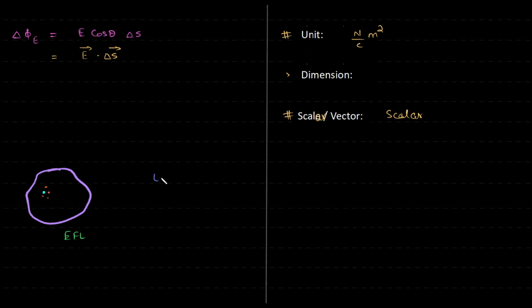Now when it comes to lines and surface, we have electrical field line density, and for surface we have something called area vector. So combining these two, we have something called flux.